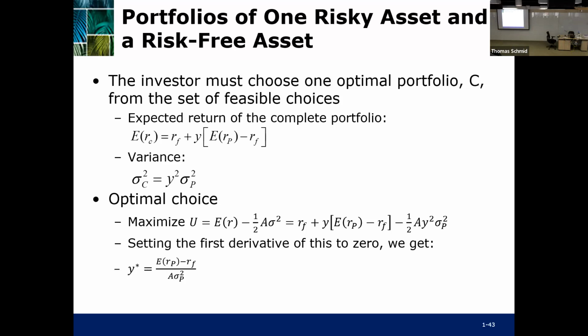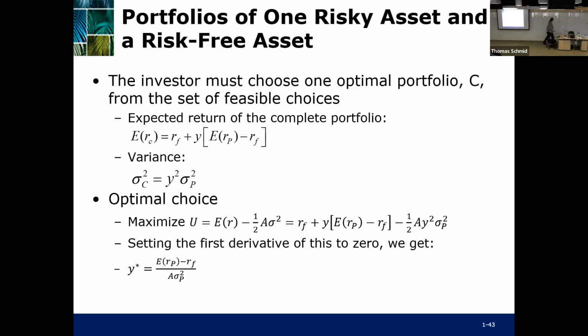So this is what we then call the y star, the optimal y, the fraction in the risky asset that maximizes the utility for our investor.